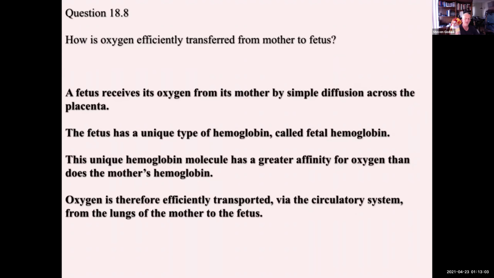The fetus receives oxygen from its mother by diffusion across the placenta. The fetus has a very unique hemoglobin called fetal hemoglobin, which has a greater affinity for oxygen than the mother's. That way, oxygen is more efficiently transported through the circulatory system from the lungs of the mother into the womb, into the fetus.